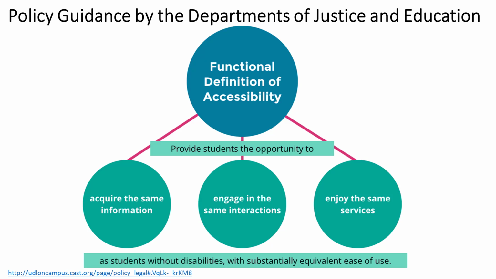So there was a policy guidance created by the Departments of Justice and Education. Basically, the functional definition of accessibility is that it provides students with the opportunity to acquire the same information, to engage in the same interactions, and enjoy the same services as students without disabilities, with substantially equivalent ease of use.